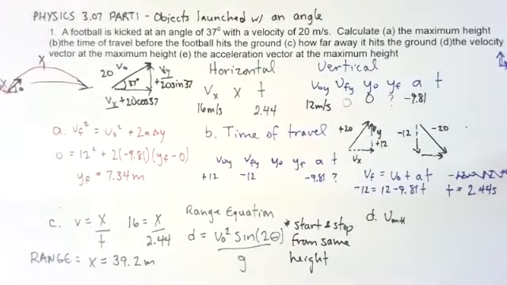To find this answer, we have to talk about what's going on in the horizontal, what's Vx and what's Vy. So take a second and see if you can answer those questions. What's my vertical velocity at the top of the flight path and what's my horizontal velocity at the top of the flight path? If you need to, pause the video here.